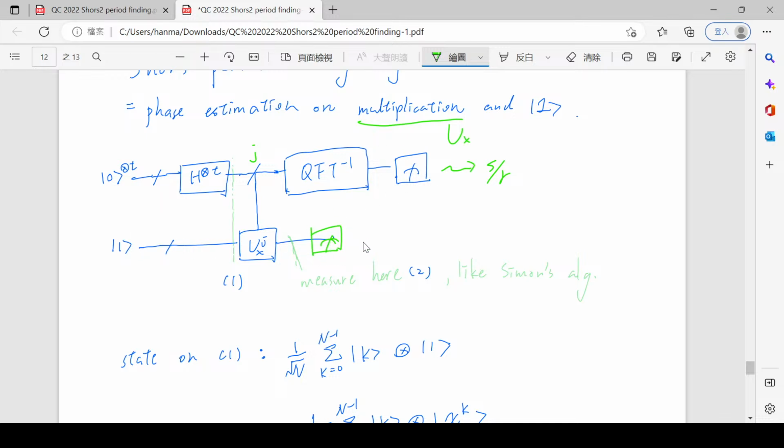So what about we just measure the result here? This doesn't really change the algorithm output, and you don't need to do this when you actually run a circuit. But this is a good way to make the analysis of our algorithm easier, because we cut down a lot of complexity, as you will see, and as we have seen in Simon's algorithm.